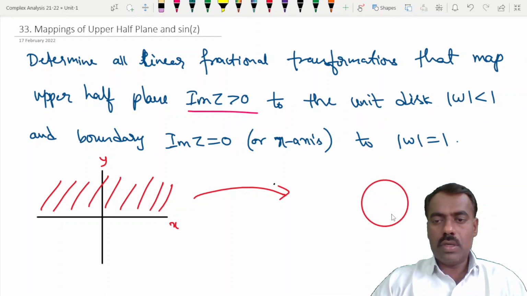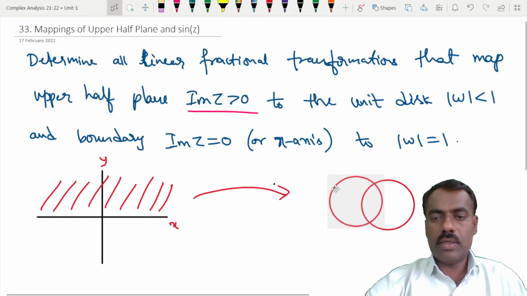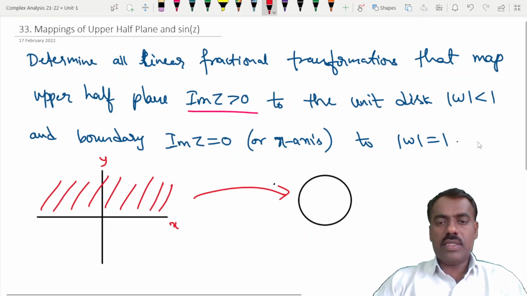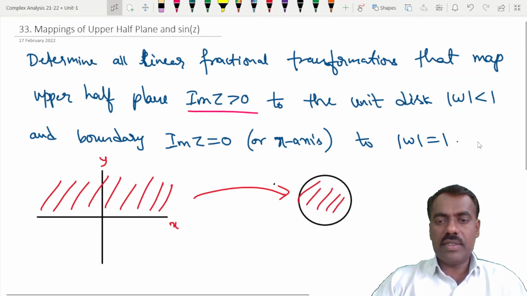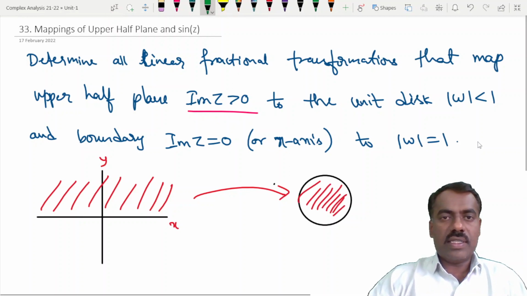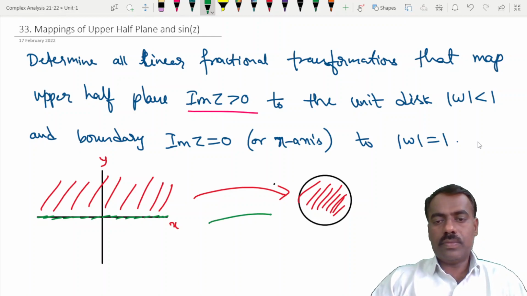So here this will be mapped to this part inside, and the boundary, which is this green one, will be mapped to this boundary here.